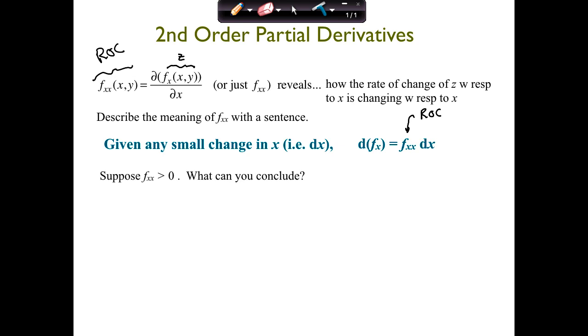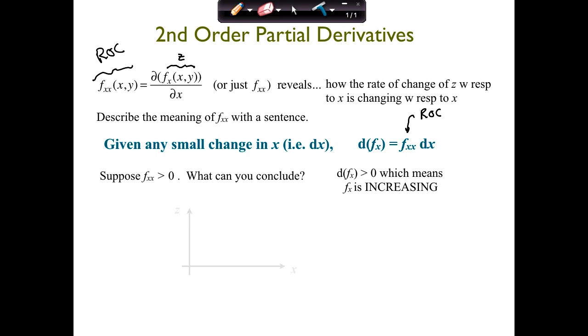When the second derivative is greater than 0, your rate of change with respect to x is increasing. If the second derivative is positive, little changes in your first derivative are positive, because a positive times a positive equals a positive. And if your change in the first derivative is positive, that thing is increasing.